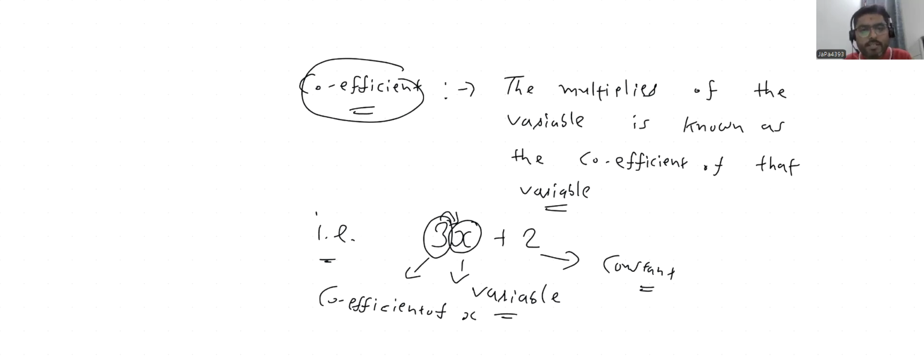And one more example, 5y minus 7, right? Now identify the variable, constant, and coefficient. Make sure that any x, y, z you find in the term, that's the variable. That's why y is a variable.